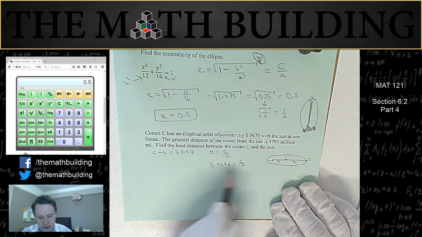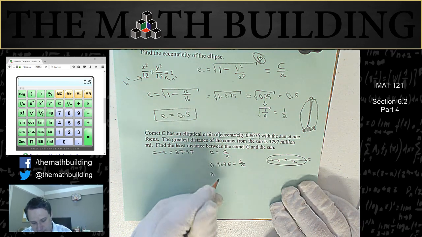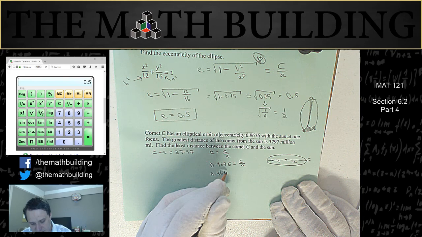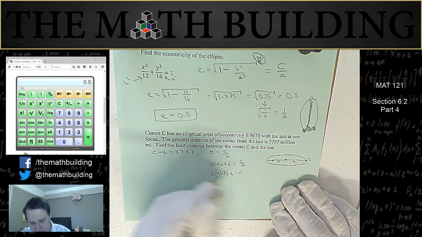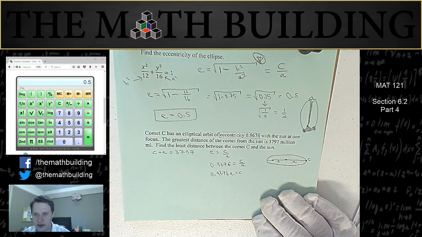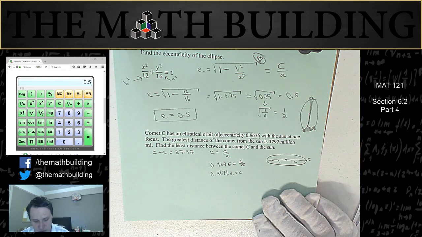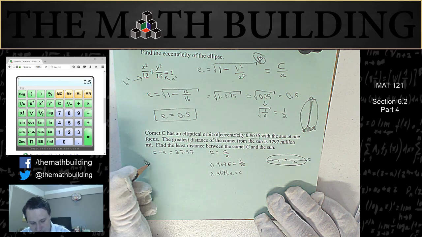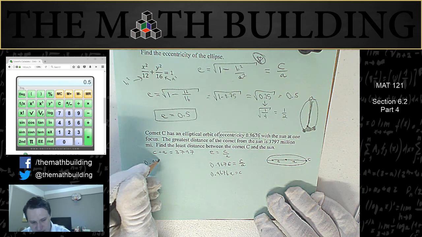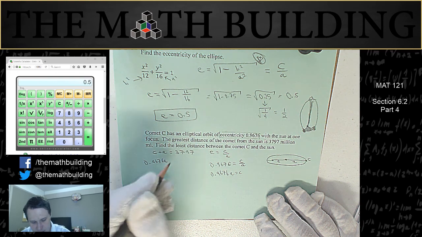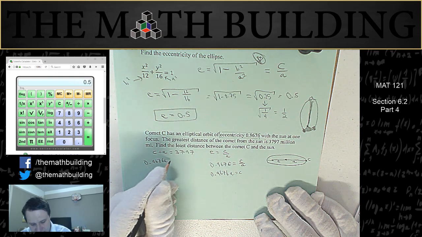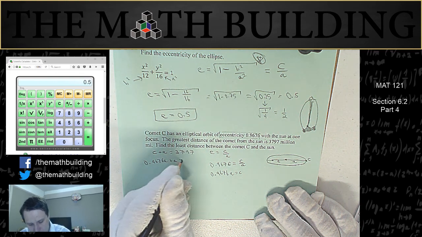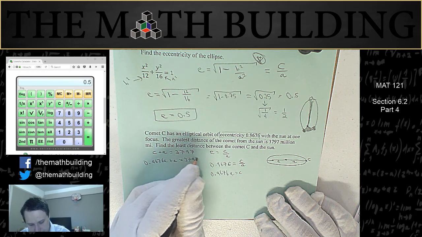So what I would do is I'd multiply this equation on both sides by A, or 0.9676A equals C. Okay, 0.9676A equals C. And then just substitute this into the other equation, giving us, this is what C is equal to, so replace C with 0.9676A plus A equals 3797.